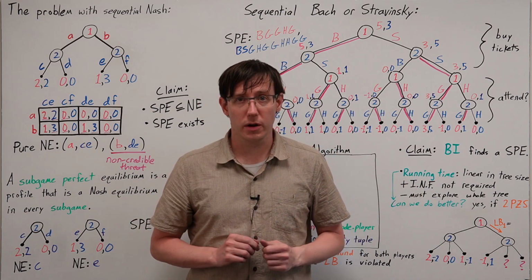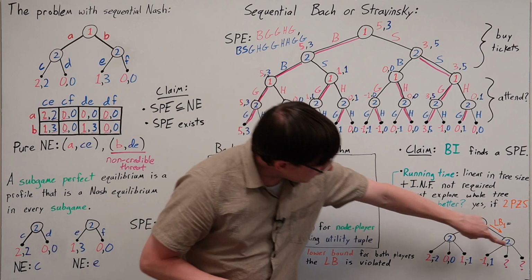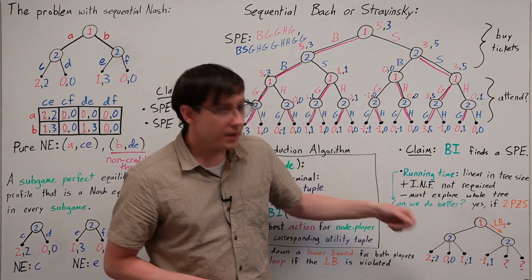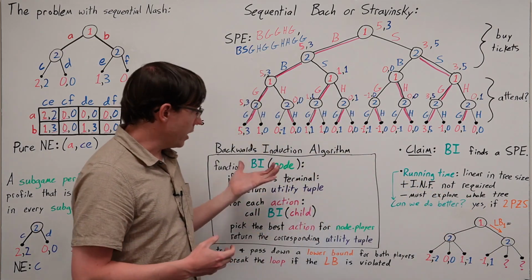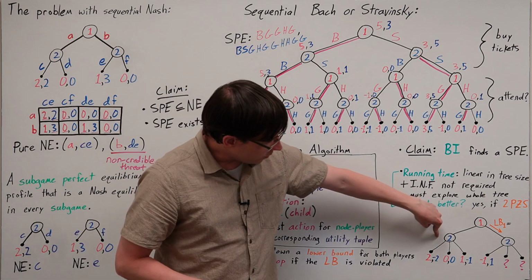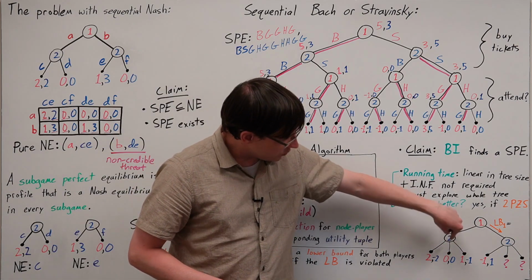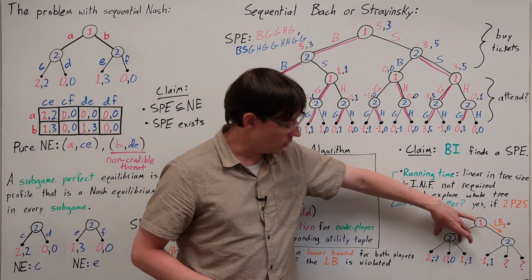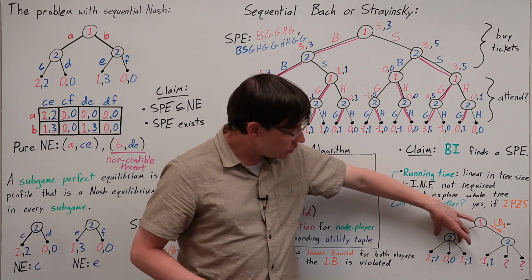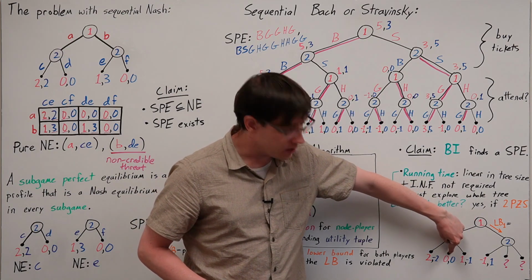subgame perfect equilibrium. For example, in this game tree, if we started following backwards induction, we would explore all of player 2's options from this decision node, and the one that player 2 likes best is the utility 0.